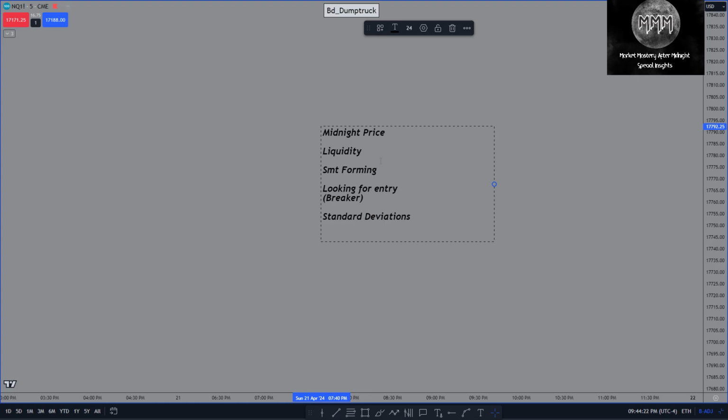All right. So once we can see our standard deviations, we have our targets that we're looking for. This is when we are letting the trade play out.